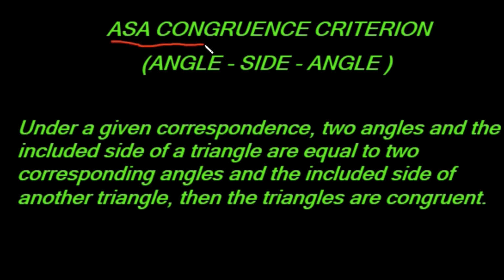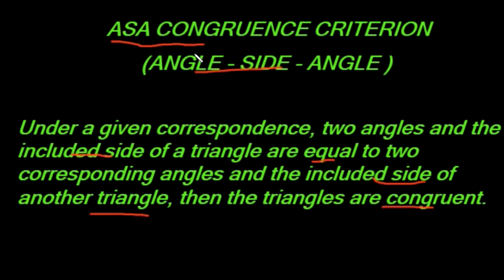ASA congruence criterion, angle side angle. The definition: under a given correspondence, two angles and the included side of a triangle are equal to two corresponding angles and the included side of another triangle. Then the triangles are said to be congruent.